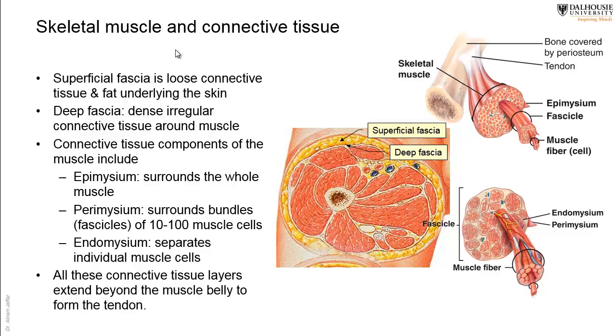Together, they form fascicles. And these fascicles are surrounded by connective tissue, which is called perimysium. So we have epimysium, that is the fibrous envelope of the entire muscle, and then fascicles of muscle fibers are surrounded by connective tissue, which is called perimysium, and then each cell, each muscle fiber is again surrounded by fibrous tissue that is called endomysium.